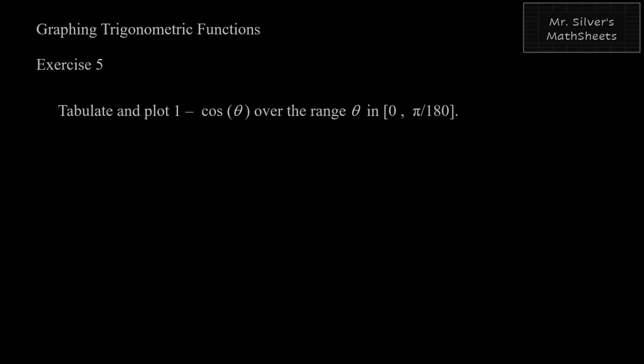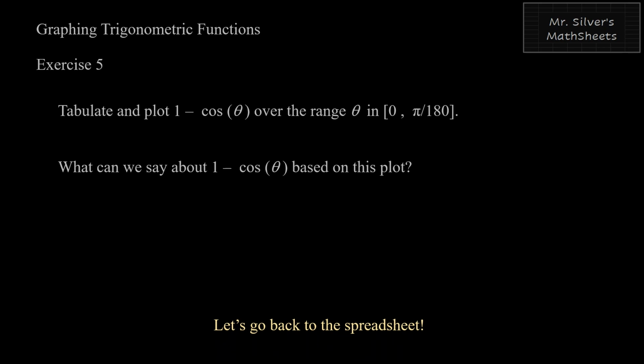Okay, tabulate and plot 1 minus cosine theta over a range. And this range is, pay attention, a smaller range. This is 0 to pi over 180. That's only 1 degree we're going to plot. So we're looking very close to 0.